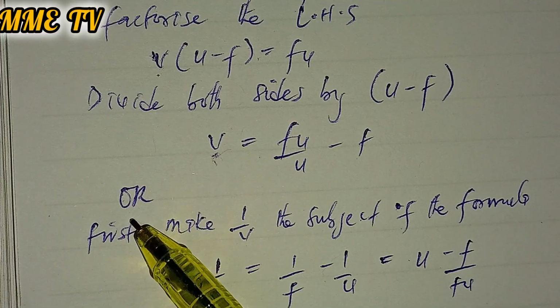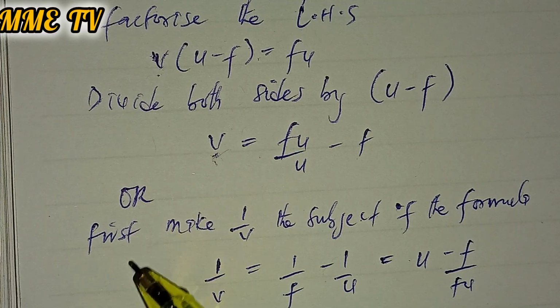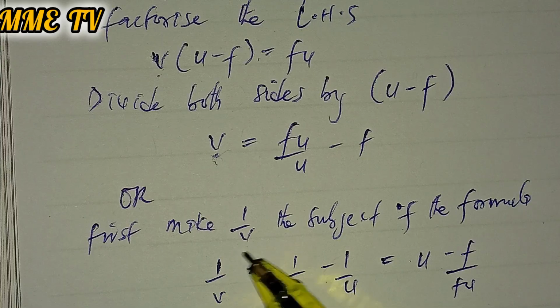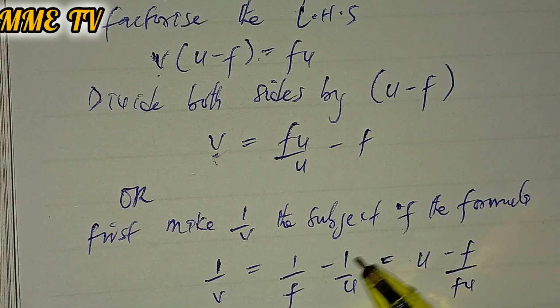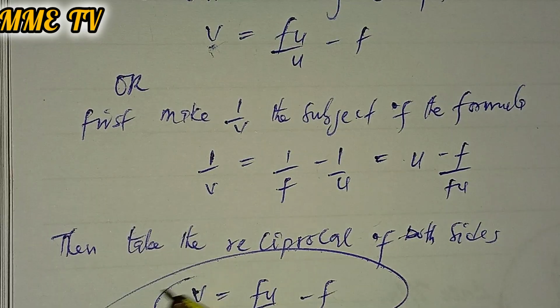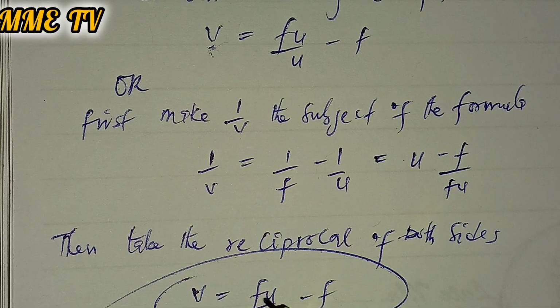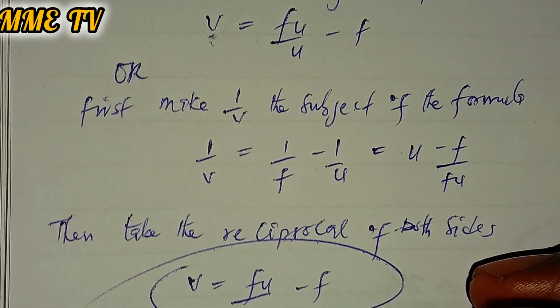Now, you can also follow this process by saying that let's make 1 over V the subject formula first. In doing so, we will still come to the same point of getting our V the subject formula. Then we are now going to take the reciprocal of both sides. And in doing that, we'll have that V is equal to FU over U minus F.